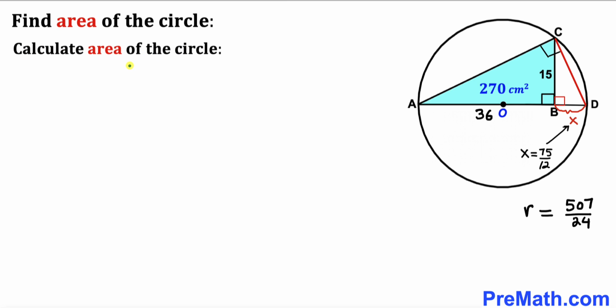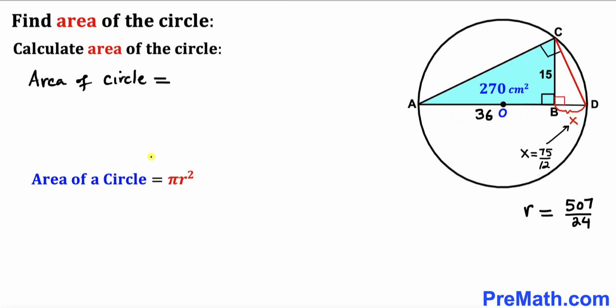And here's our final step. Let's calculate the area of this circle. Let's recall the area of a circle formula. Area equals pi r square, where in our case the radius r is 507 divided by 24. So let me fill in the blanks in this formula: pi times 507 divided by 24, whole square.